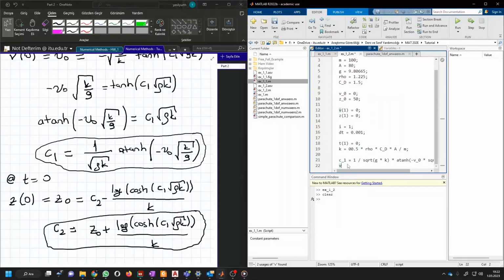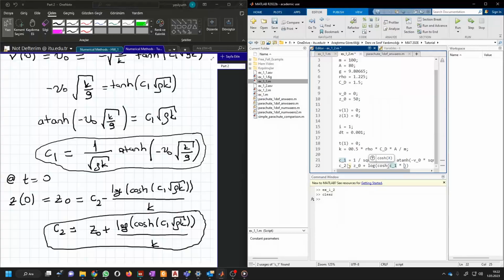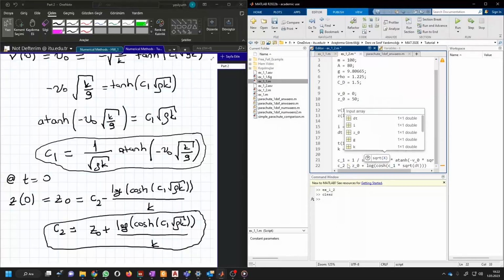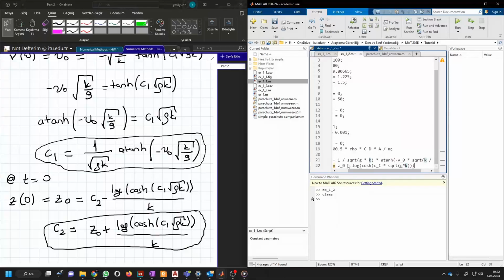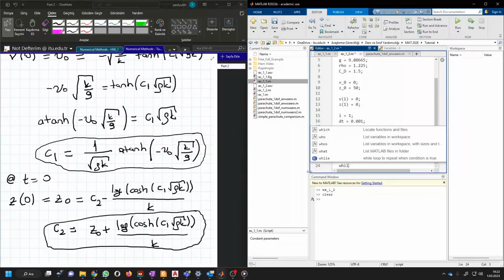Okay, my C2 is equal to z0 plus logarithm of cosine hyperbolic C1 times square root of g times k, over k. Then I start my infinite while loop.